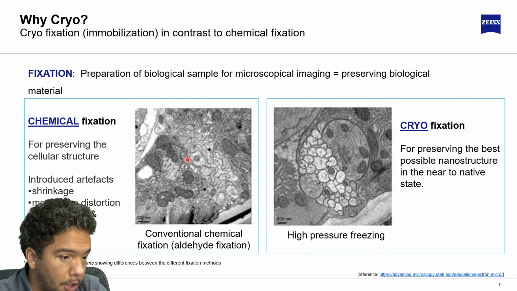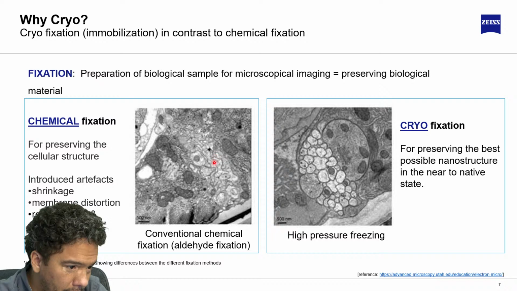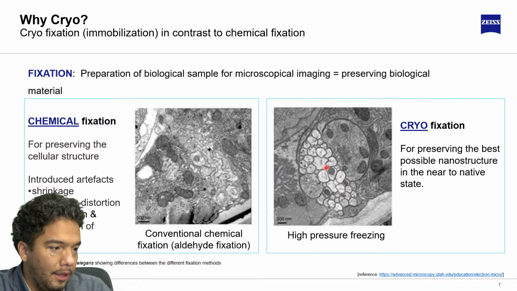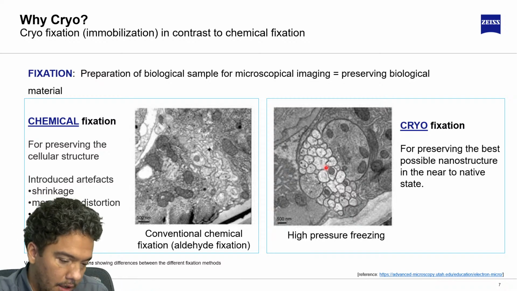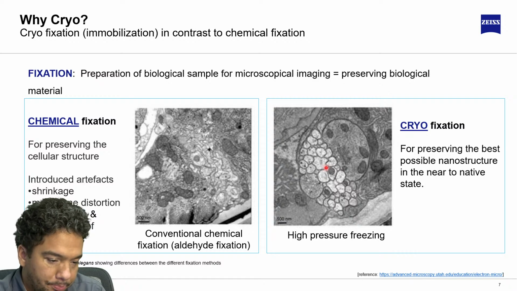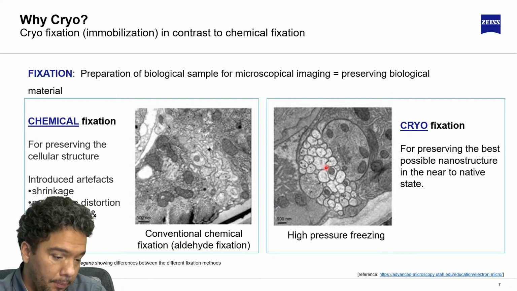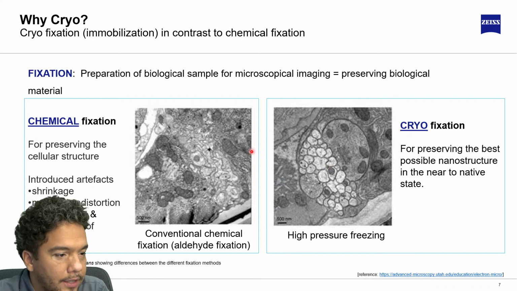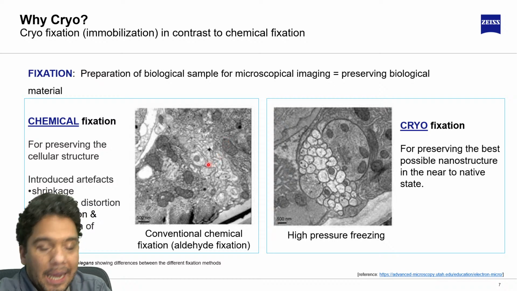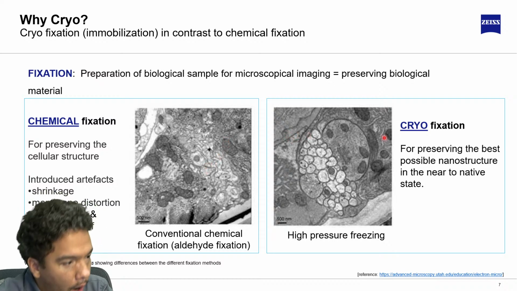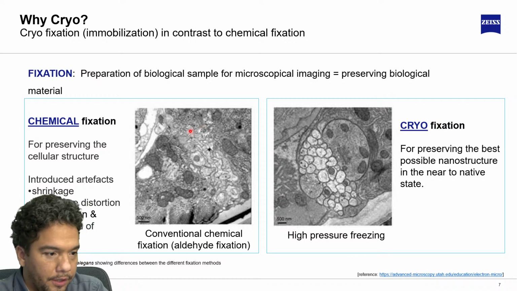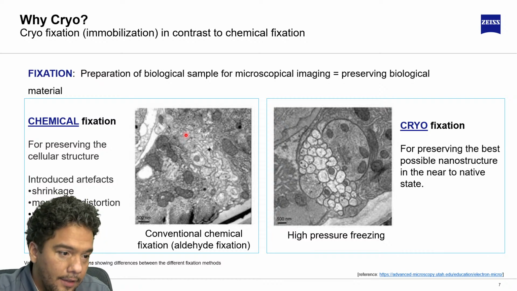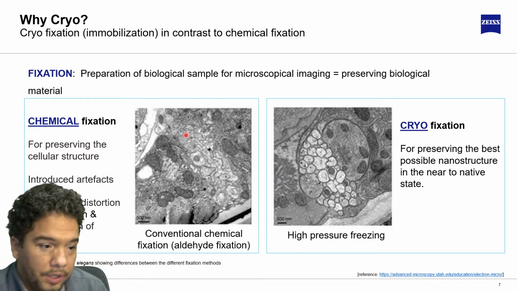Here you can see in this image the lipids look compressed, and the difference with the cryo, you can see the ultrastructure entities in real good shape, in their real native state. That is a very good example of why we want to avoid chemical fixation and want cryo instead. Of course, we are preventing those kinds of alterations or artifacts associated with chemical fixation.